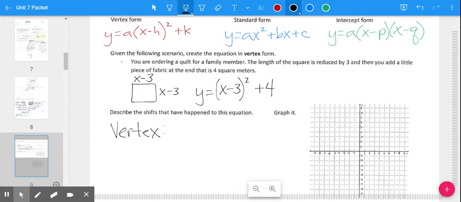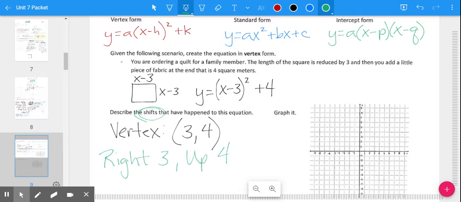So remember when it says x minus h, so we have an x minus 3, that means your h value is 3, and then plus k, and we have a plus 4, so our k value is 4. So the other things happening with this, based on the shifts, is that it's going right 3 and up 4 when you compare it to the parent function.